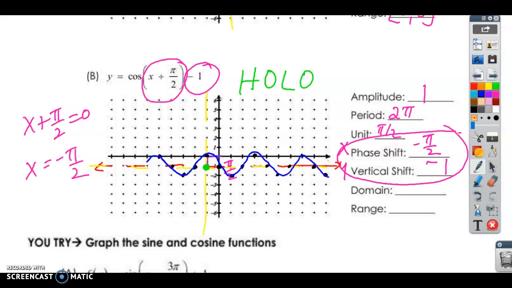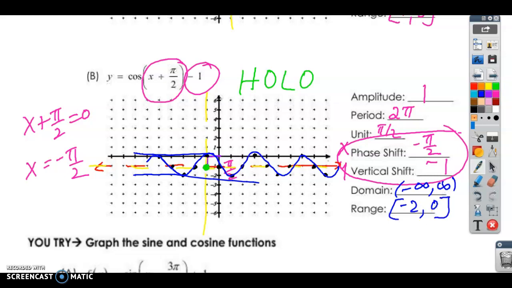Notice that starting point is not on your graph because this is cosine, and cosine does not go through 0, 0. It's even. So the domain is negative infinity to positive infinity, and here the range goes from the lowest y value to the highest y value. The lowest y value is, what is it? Negative 2, and the highest y value is 0.